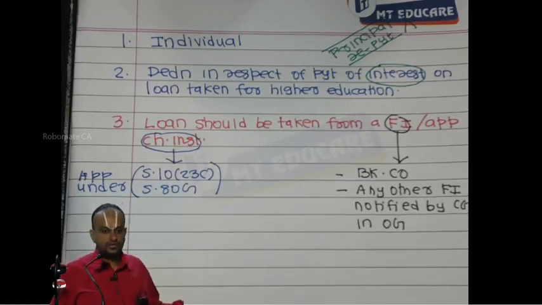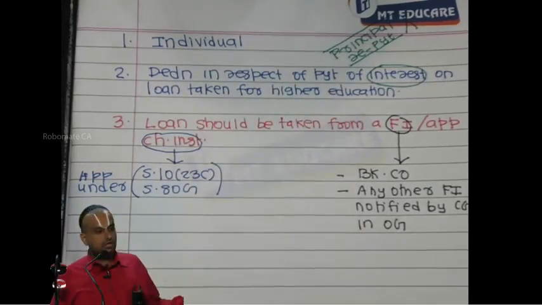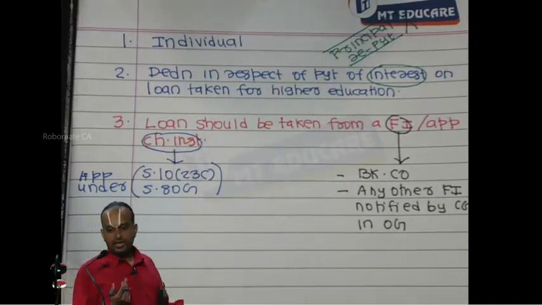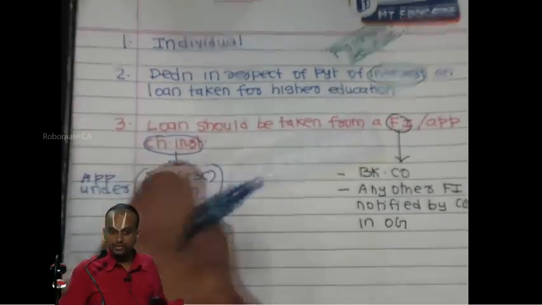And 80G, if you donate money to a public charitable institution, that is eligible for deduction.